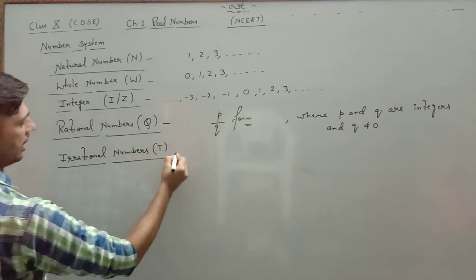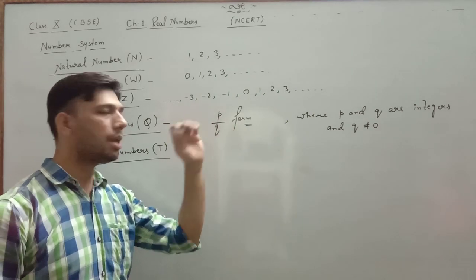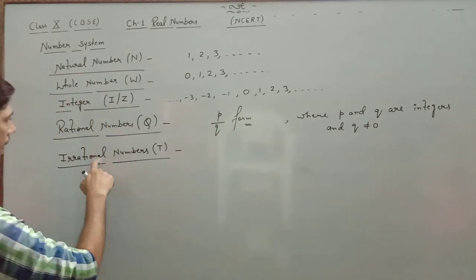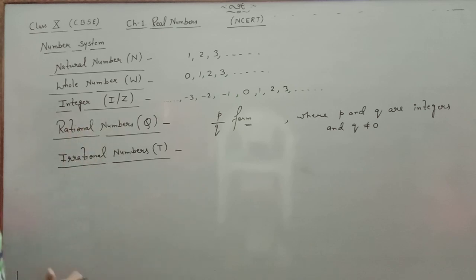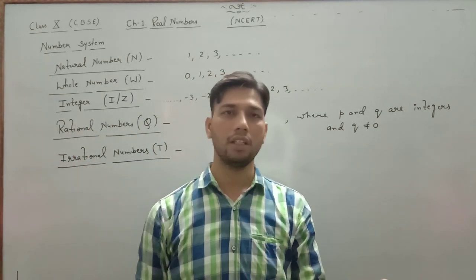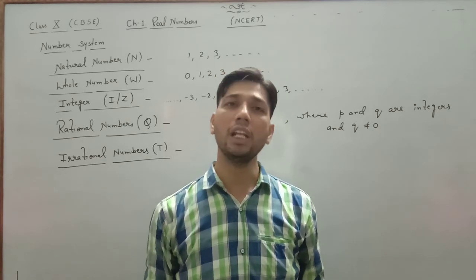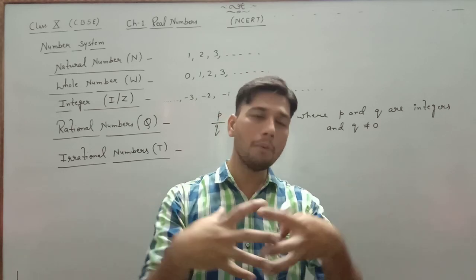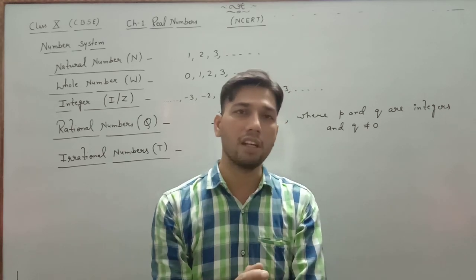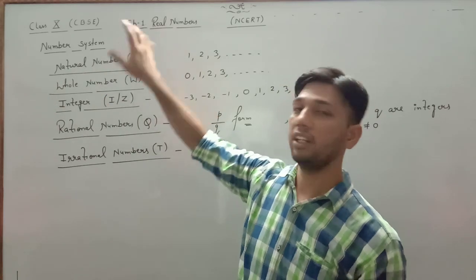Next one is irrational number, represented by T. A number which cannot be represented in the form p by q is called irrational. Means it is just the opposite of rational. Rational means any number that can come in p by q form, and a number which cannot be represented in p by q form is called irrational. If we combine both rational and irrational, then we can say it is a real number.